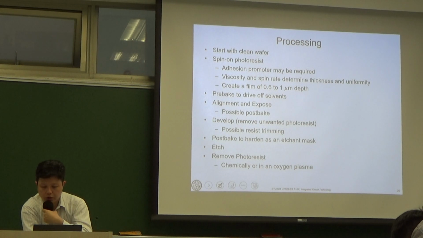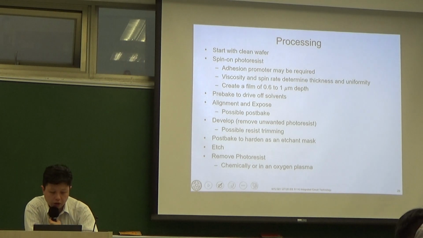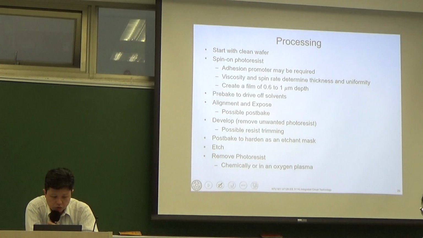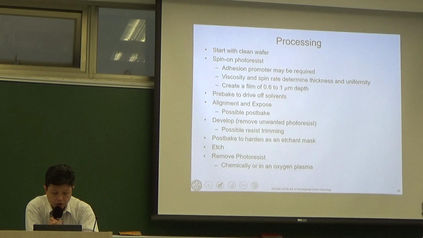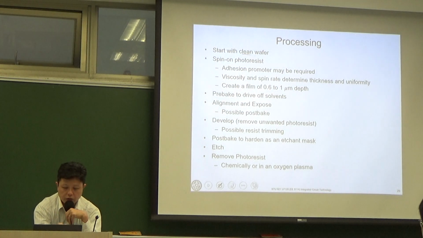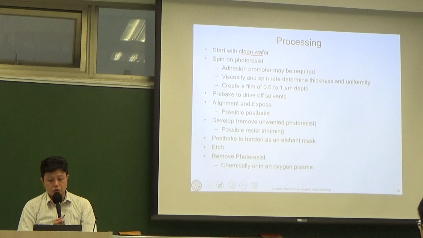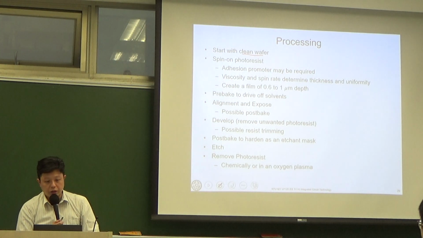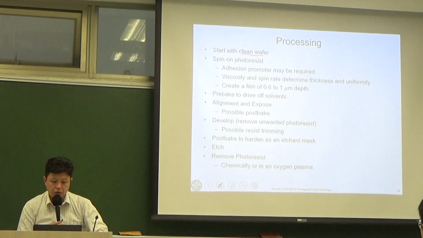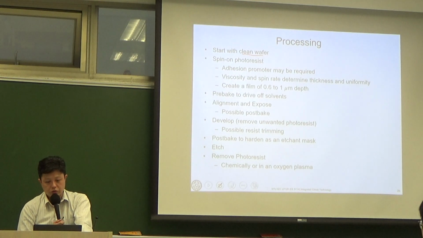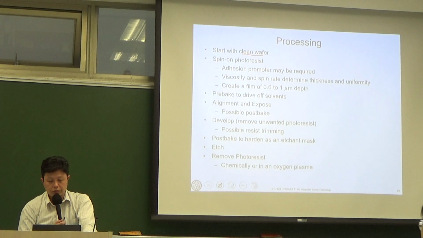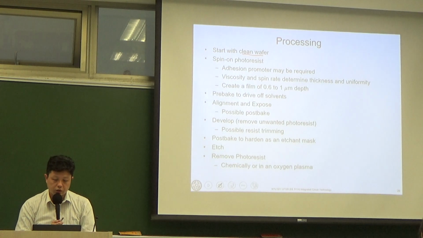Okay, so here is just the processing step. How do you spin coat your photoresist on your wafer? So you start with the clean wafers, and those clean wafers we just mentioned in the last chapter, and also in the beginning of this chapter we said we have to use some heaters to heat up to over 100 degrees Celsius in order to dry out some water vapor.